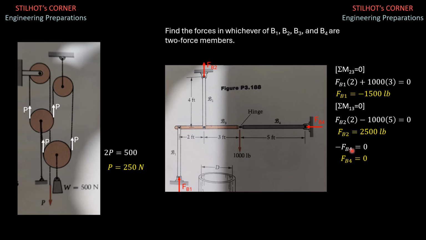If we apply the principle of transmissibility of a force, this force at the back, not touching this pulley, is also equal to P. This is by the principle of transmissibility.